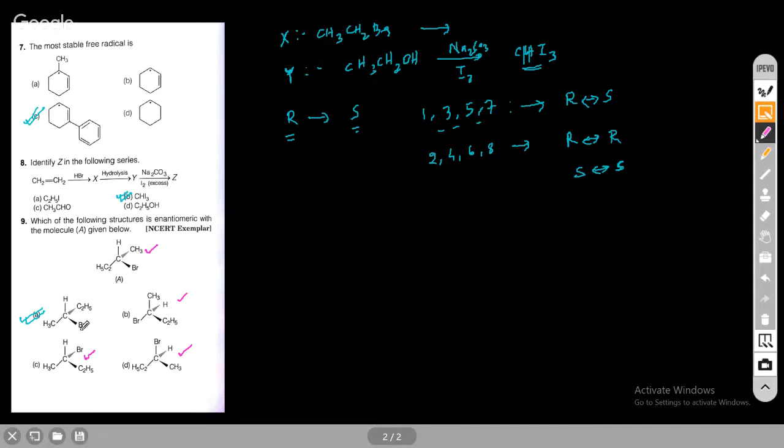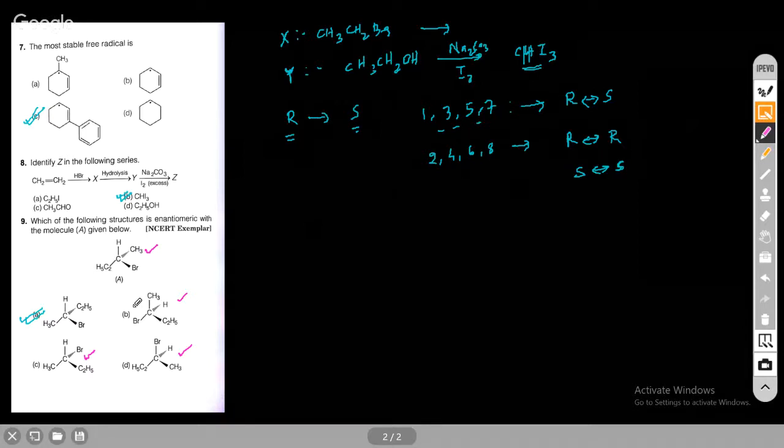See, the molecular formula of all these molecules are same with same configuration. It means they are identical molecules. They are not mirror images, fine, but they have same molecular formula with same configuration. So they are identical molecules, same molecules only.